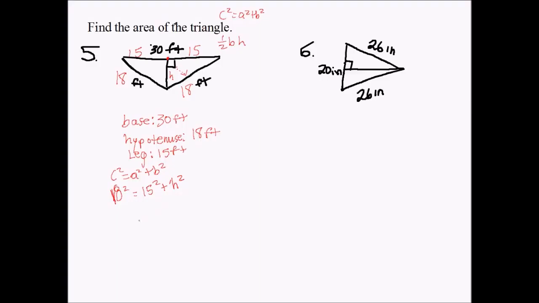Okay. So you have here now 324, which is equal to 225 plus h squared. Subtract your 225 from each side.